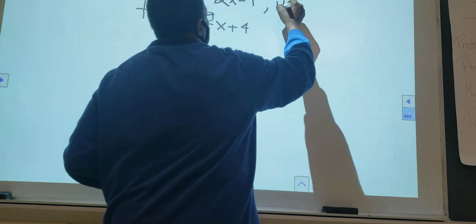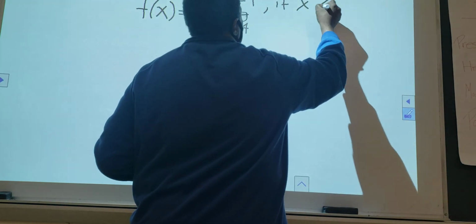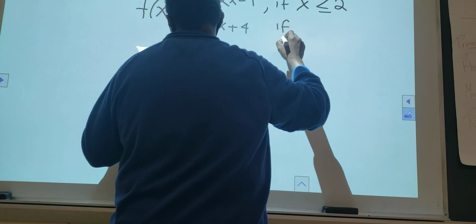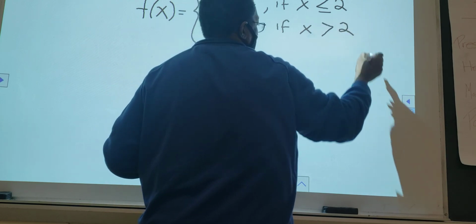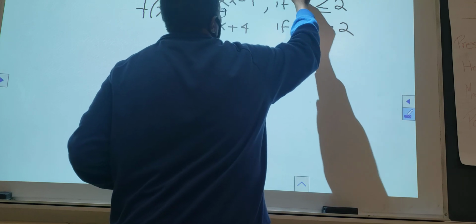And this is sometimes said as f of x when x is less than or equal to 2, and f of x when x is greater than 2. Okay. So this part of the function is called a domain.